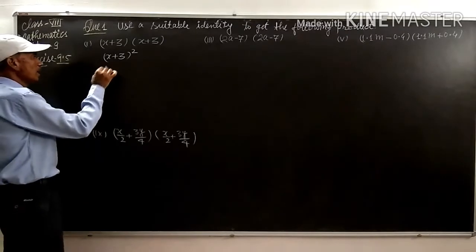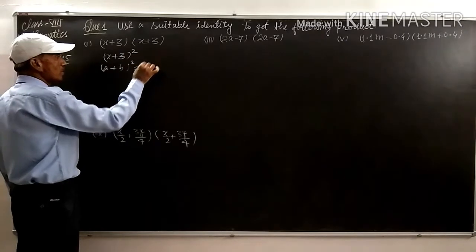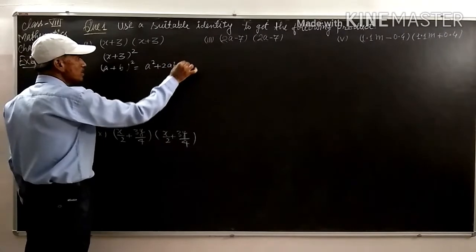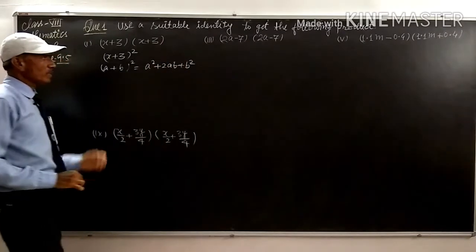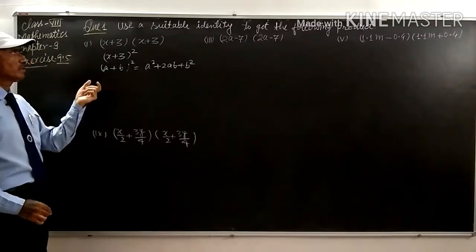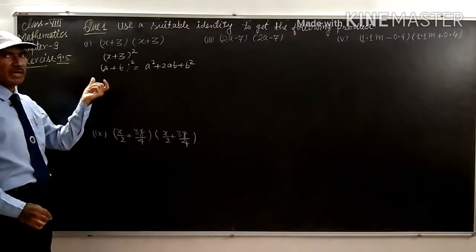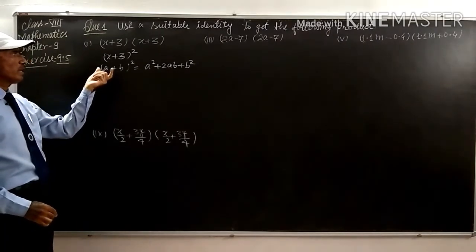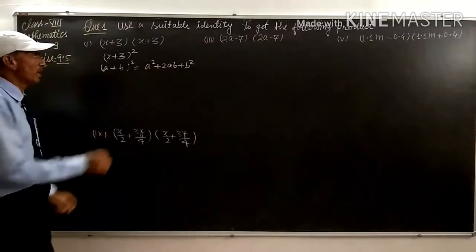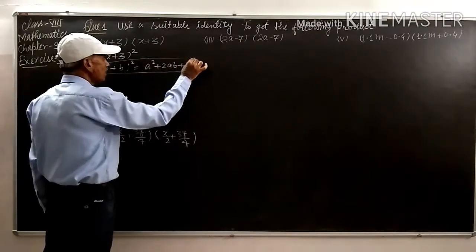The identity is (a plus b) whole square is equal to a square plus 2ab plus b square. In this question we have to use the identity (a plus b) whole square. This one is the first identity.